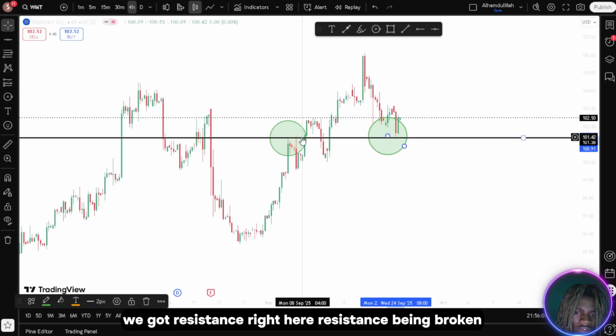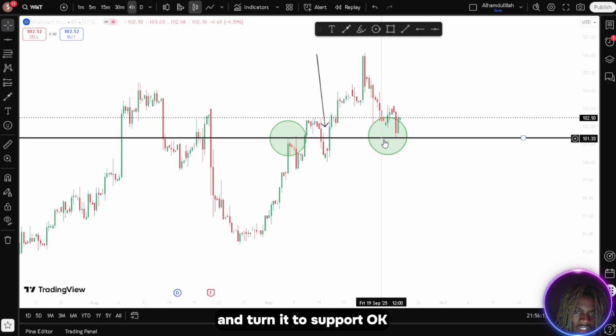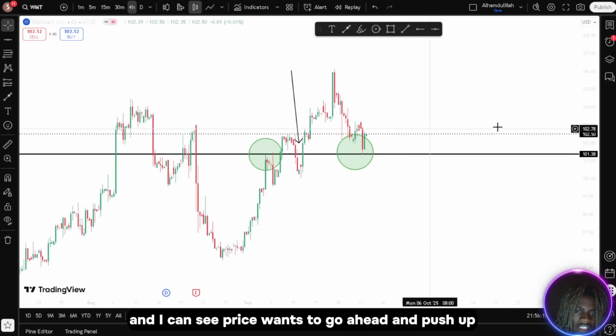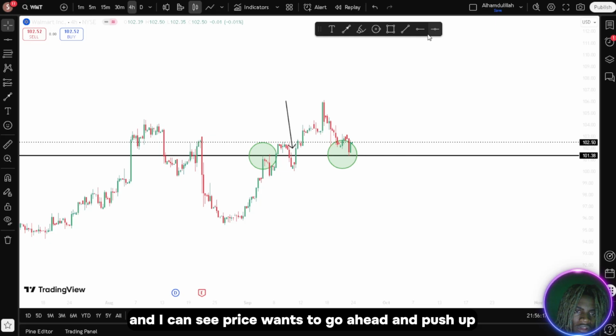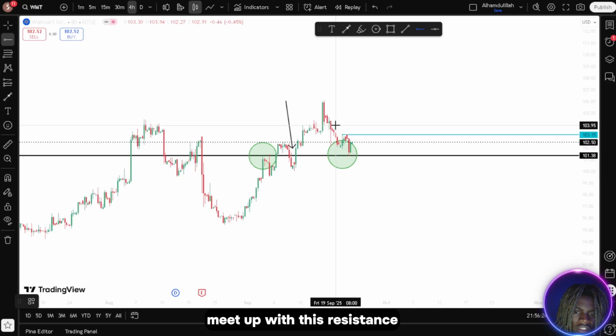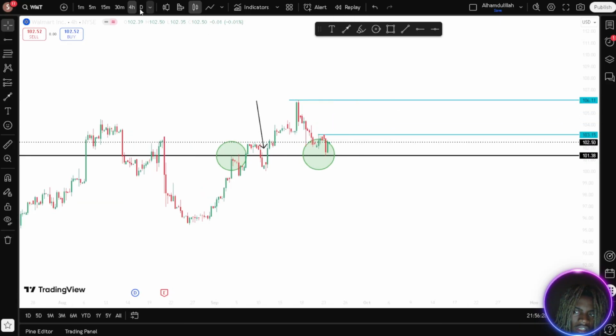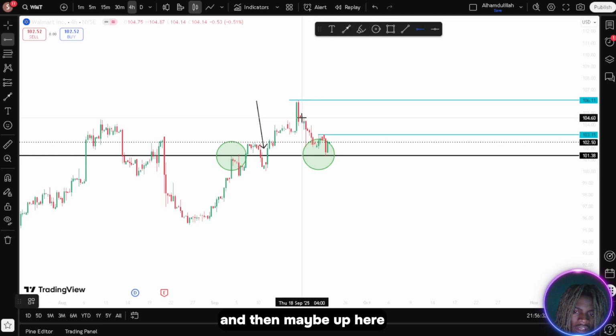Okay, we got resistance right here, resistance being broken and turned into support. And I can see price wants to go ahead and push up and potentially try to meet up with this resistance, or just straight to all-time highs, honestly. And then maybe up here.